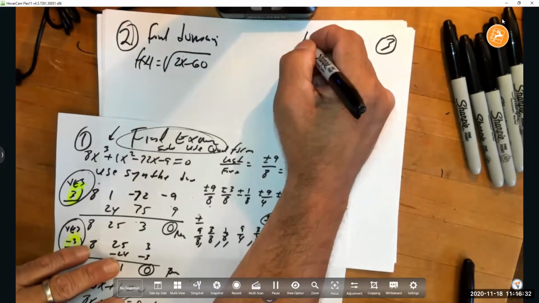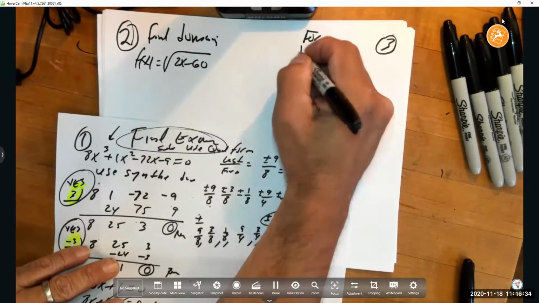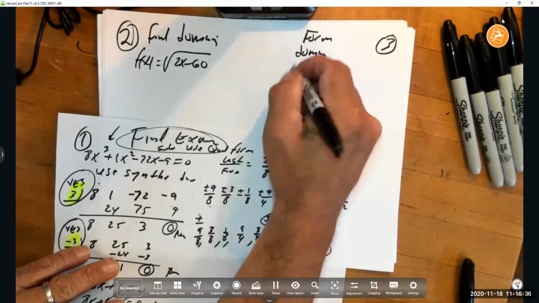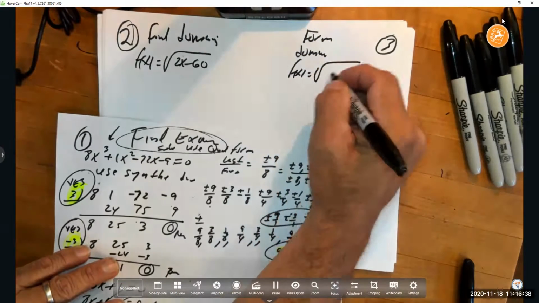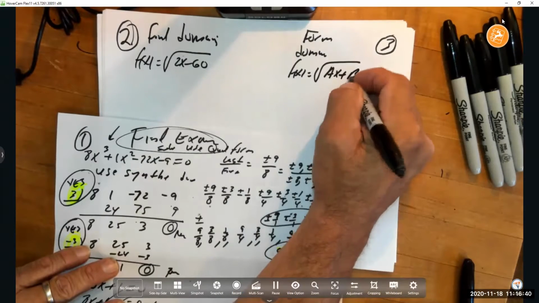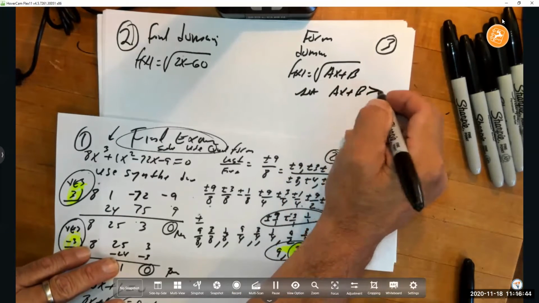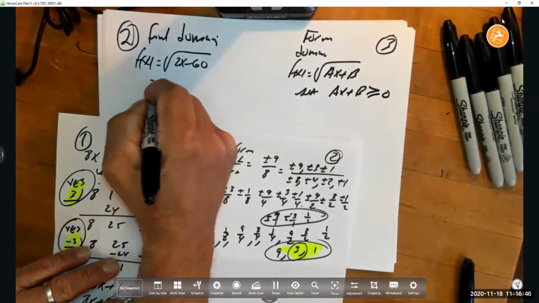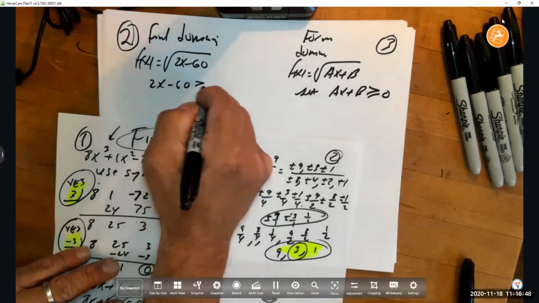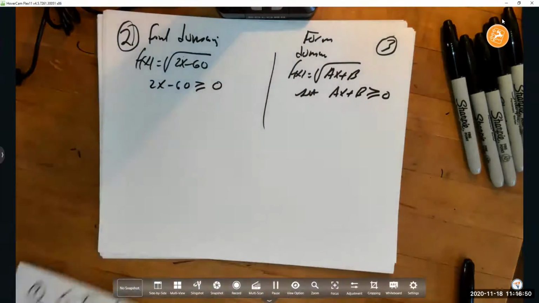So the formula says your domain, if you have a generic one, ax plus b, you go ax plus b bigger than or equal to 0. So 2x minus 60 bigger than or equal to 0. So now I need to solve this guy right here.